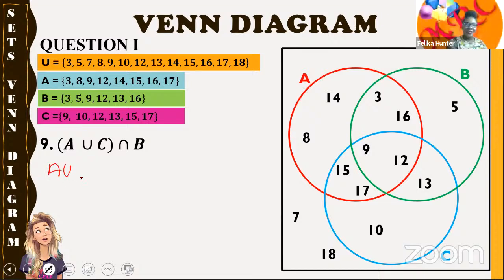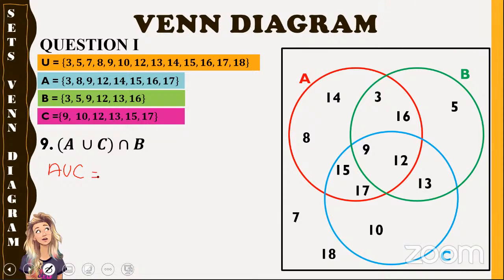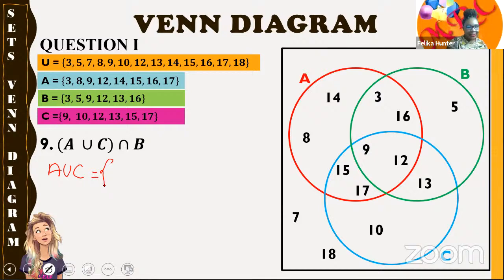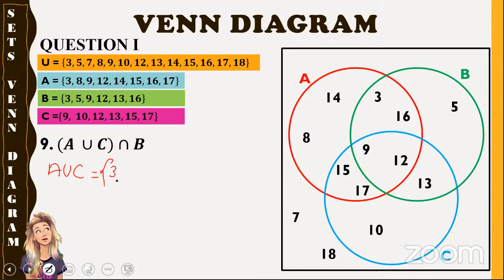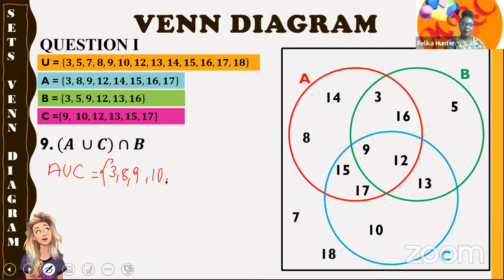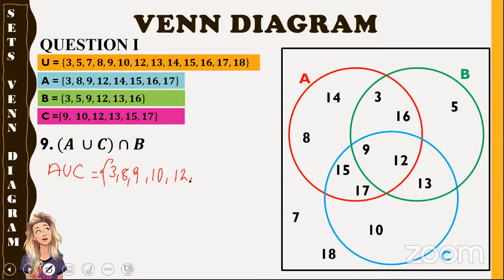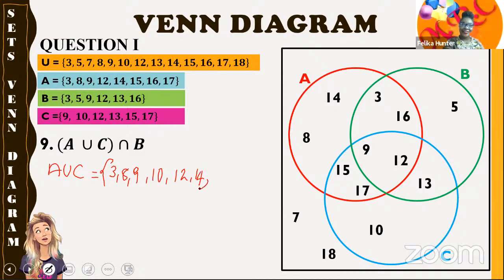Good, so I go with A union C. What's the first number? 3. 8. 9. 10. 12. 14. Nice, yes.